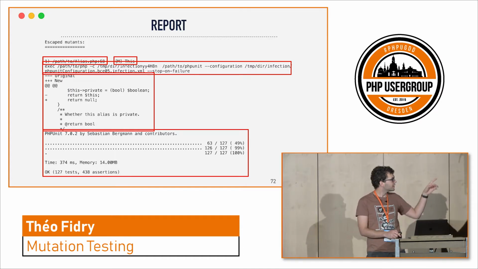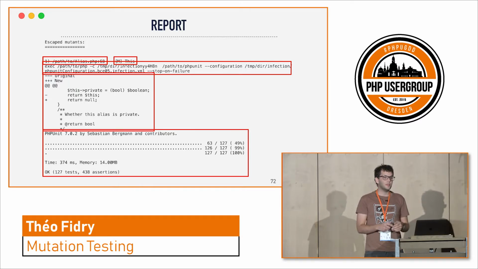So this here is actually the mutator name. The command used to run the test. You get the diff applied, and you get the actual output of the test. And so if a mutant escapes, well, you basically can look it up and see the details.